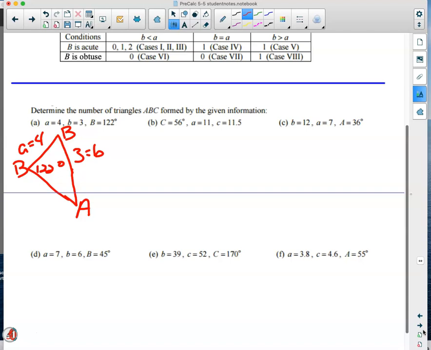Got this 122-degree angle, right? The only way we can get ourselves an obtuse triangle out of this is if B is greater than A. Is it? No triangles. Not going to happen. So being obtuse means the only thing we have to check is the side opposite greater than the side adjacent? That doesn't happen in that one.